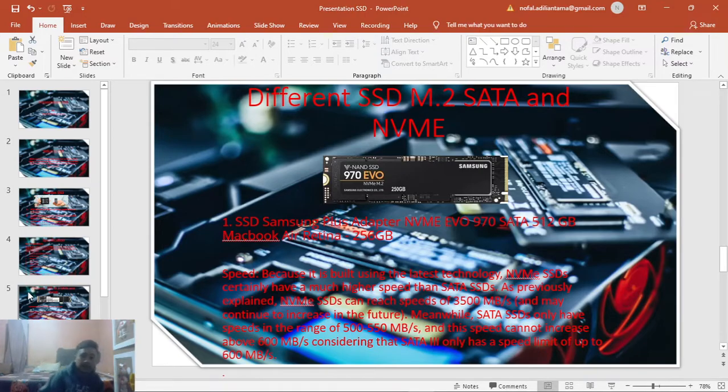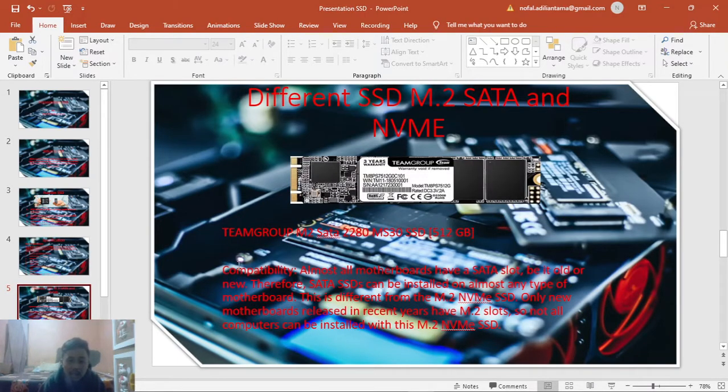So this is the difference of SSD M.2 SATA and NVMe. For compatibility, an SSD SATA works with all motherboards, old or new version. An SSD NVMe is only for new motherboards, not for old versions of motherboards.